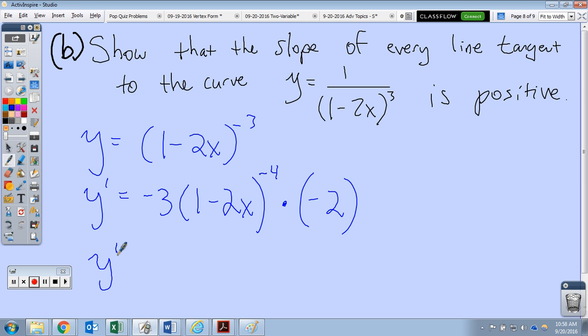If we write it back in the proper form, this would be equal to 6 over (1 minus 2x) to the positive 4. -3 times -2 is positive 6. And when you have a negative exponent, you can stick it underneath and raise it to the positive exponent.